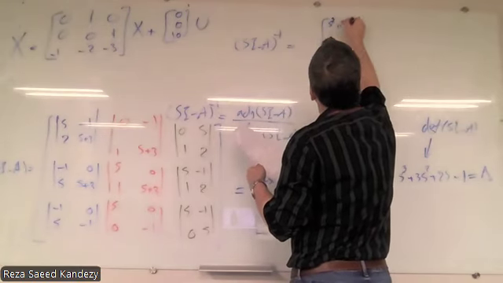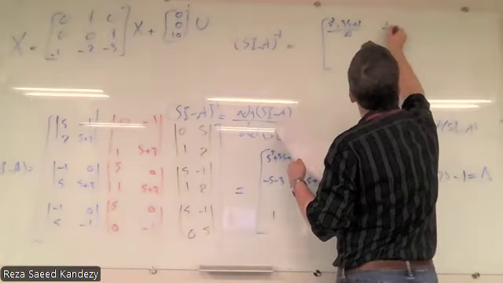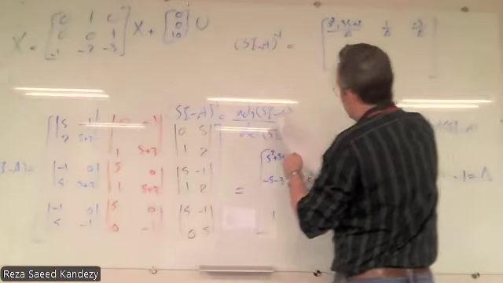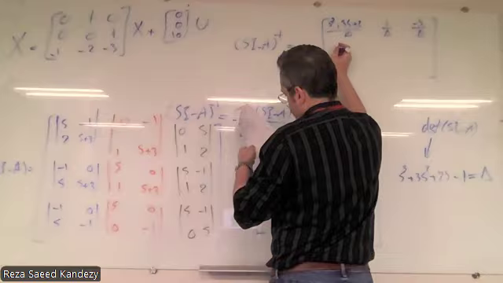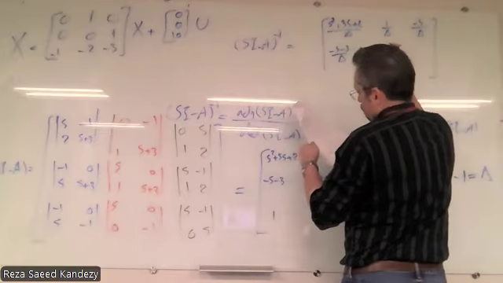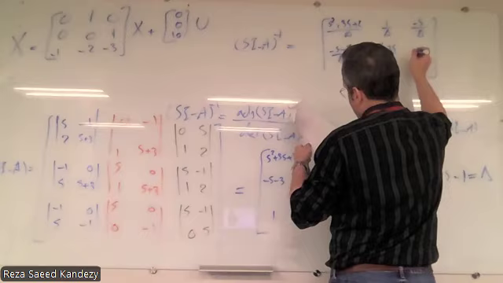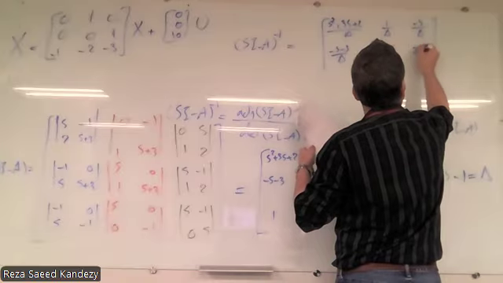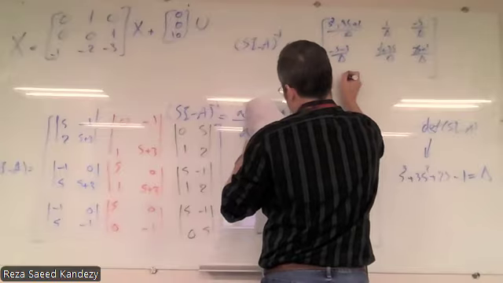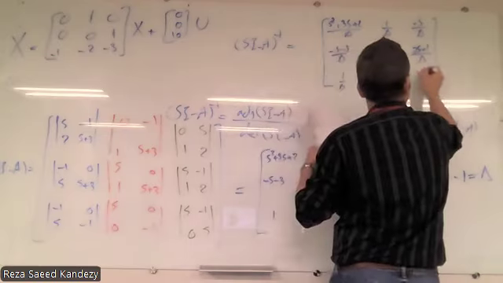S squared plus 3S plus 2 over delta, 1 over delta, minus S over delta, minus S minus 3 over delta, S squared plus 3S over delta, 2S plus 1 over delta, 1 over delta, minus S over delta, and S squared over delta.